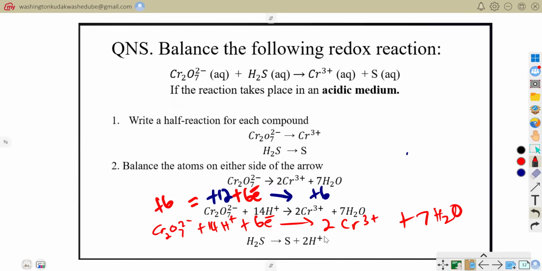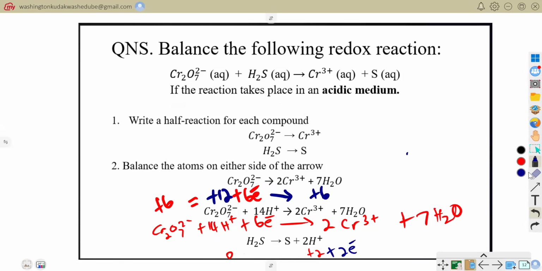Now I need to go and balance the what? The number of charges as well here. So the charge this side is a positive 2, but this side is a 0. So if this side is a positive 2 and this side is a 0, what do I need to do? I need to simply add 2 electrons so that these positive 2 and 2 electrons will cancel out to give me what? 0.